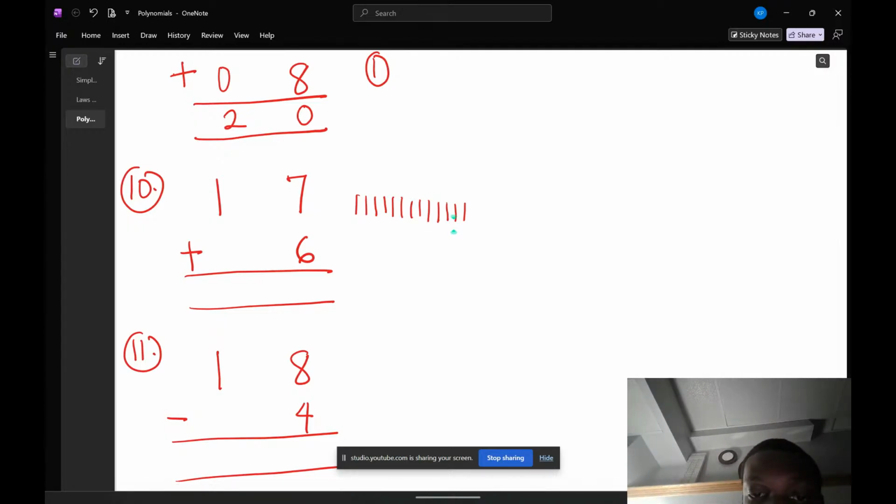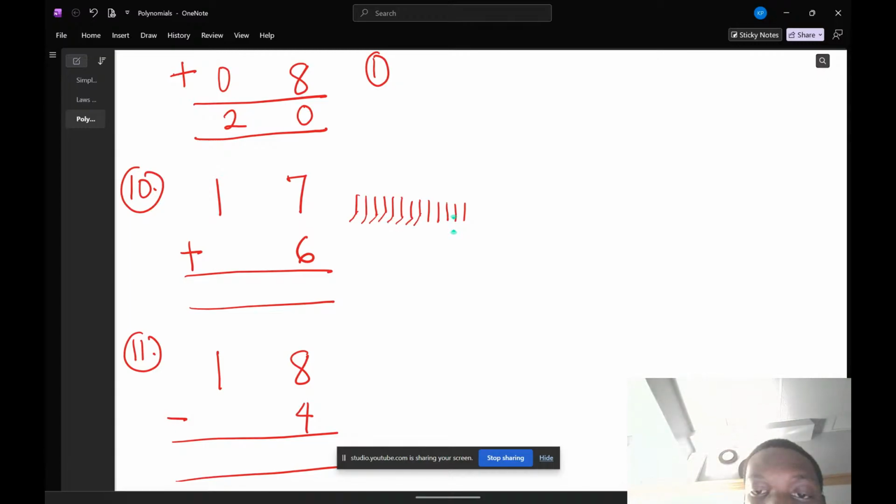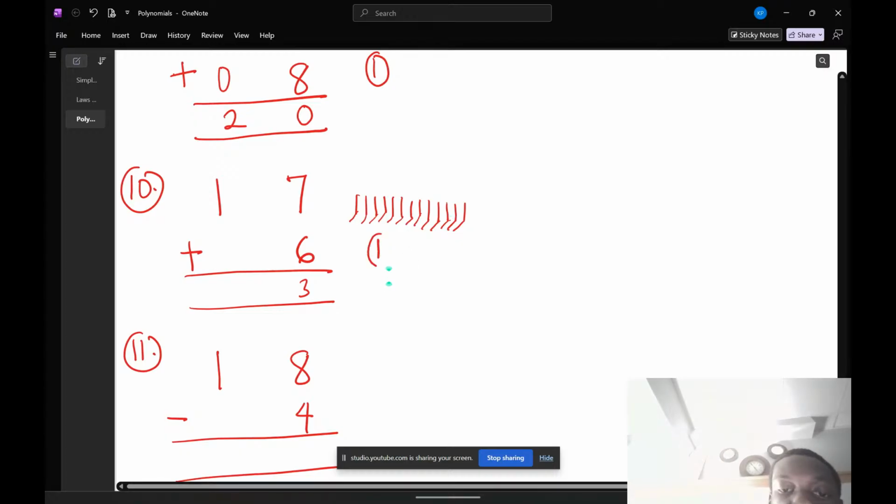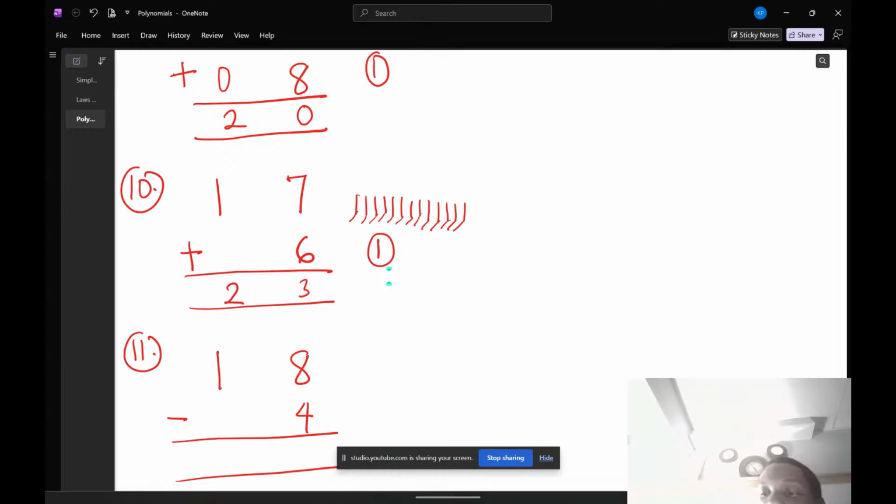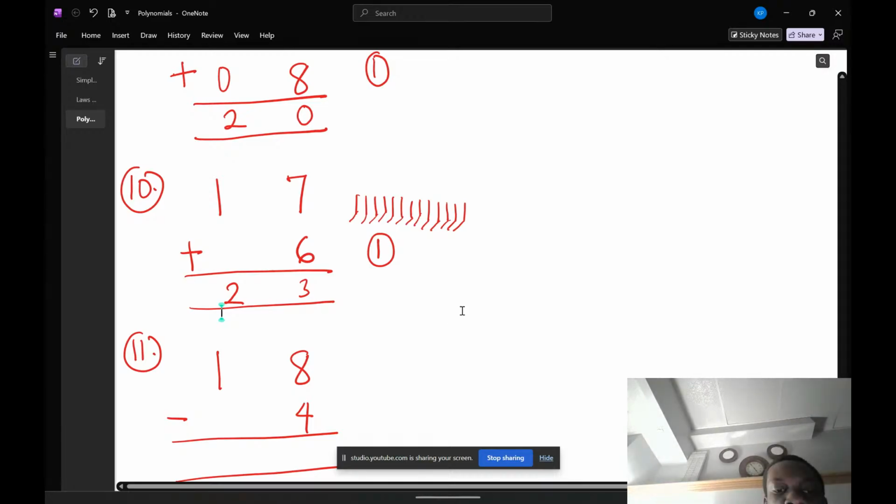Let's count 7 plus 6 together: 1, 2, 3, 4, 5, 6, 7, 8, 9, 10, 11, 12, 13. So 7 plus 6 is 13. Anytime we get a two-digit number, we always write the one that is at the back. The 3 is at the back of 1, so we write 3 and keep 1. Now we have 1 here, and 1 plus 1 is 2. So 17 plus 6 is 23.